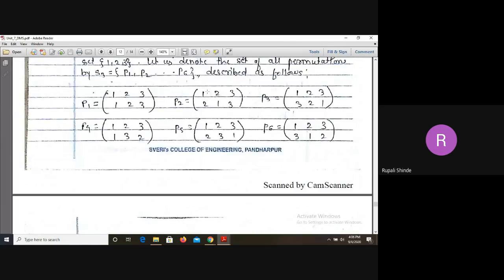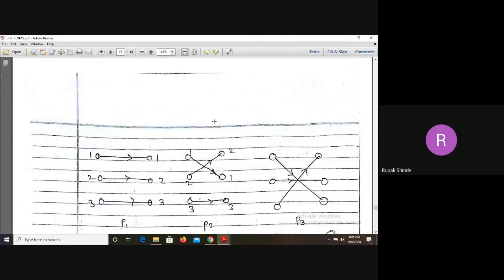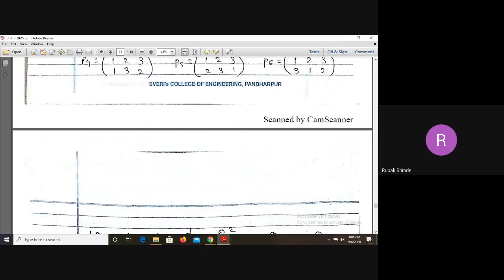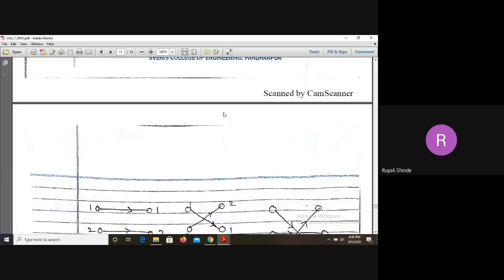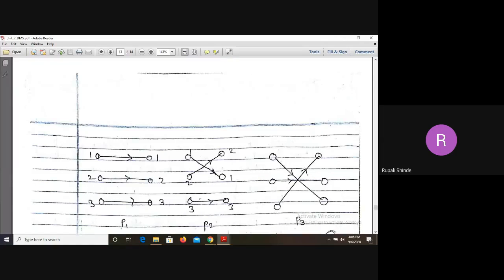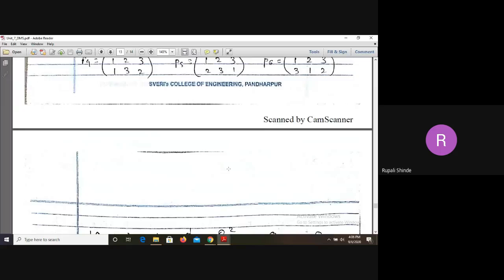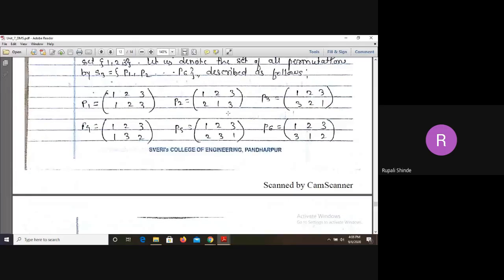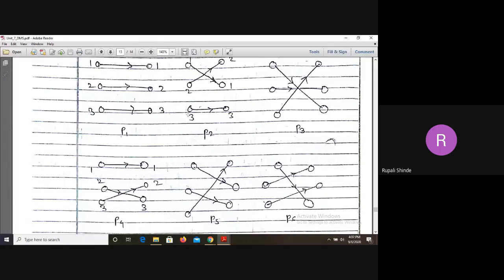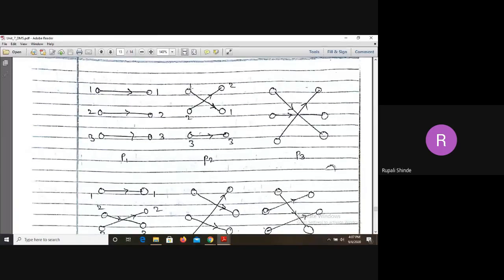Here they have given 1 is mapped into 2, so there should be an arrow from 1 to 2. And 2 is mapped into 1, so again there should be an arrow from 2 to 1. And then 3 is mapped into 3. So there is one correction in this permutation P2, where 1 is mapped into 2 and 2 is mapped into 1.